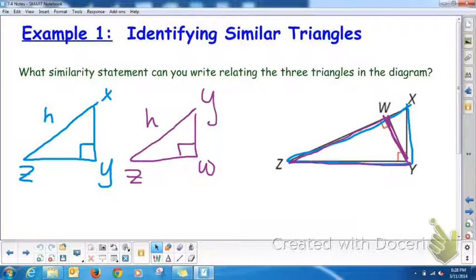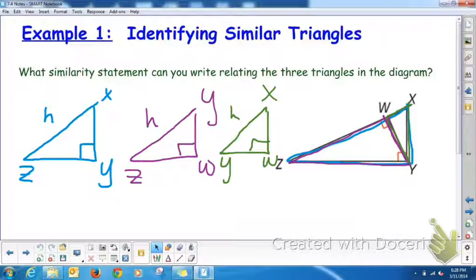Now I have this smaller triangle here. I went from the small side, X, to the right angle, W, up the hypotenuse, Y. So X, W, Y, where that's my right angle, and this is my hypotenuse.